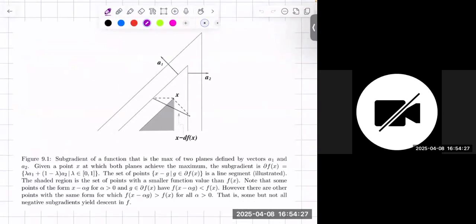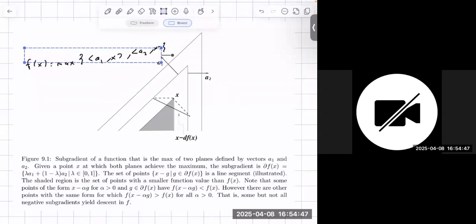Okay, so here, what we see is a function f that is defined like this. Let me write it up here. f(x) is the maximum of a1 times x and a2 times x.